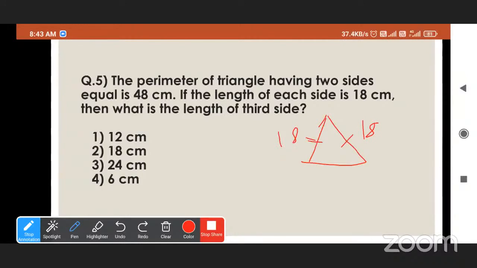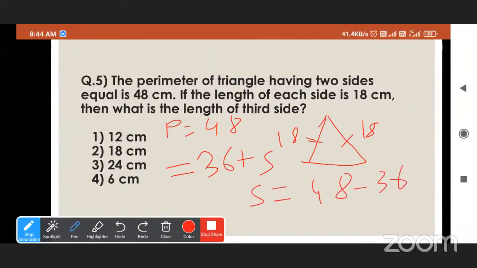Okay, we will see, and perimeter given is 48. So length of all three sides. These two sides are 36 plus the remaining side. Okay, we will write it as S. So S is equal to 48 minus 36. 48 minus 36 is 12. Okay, your answer is right. Very good.